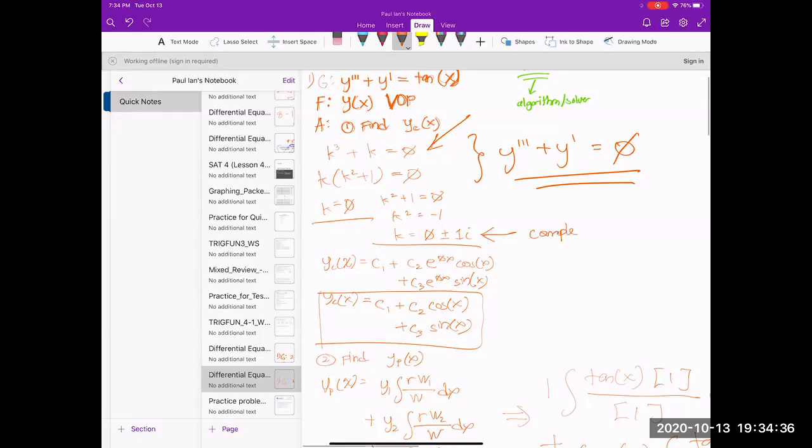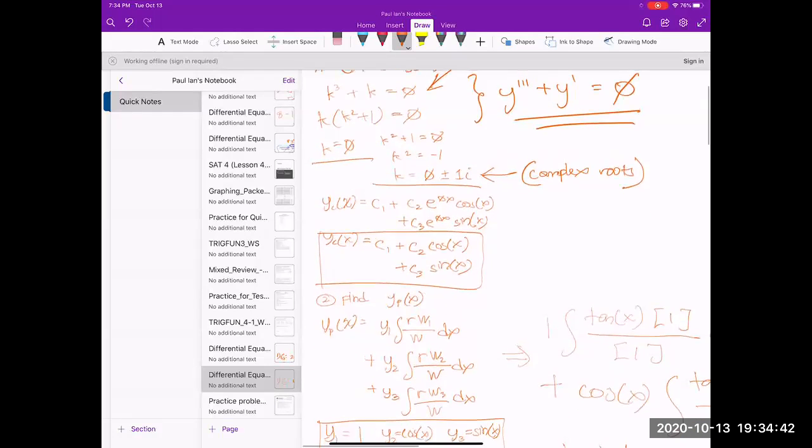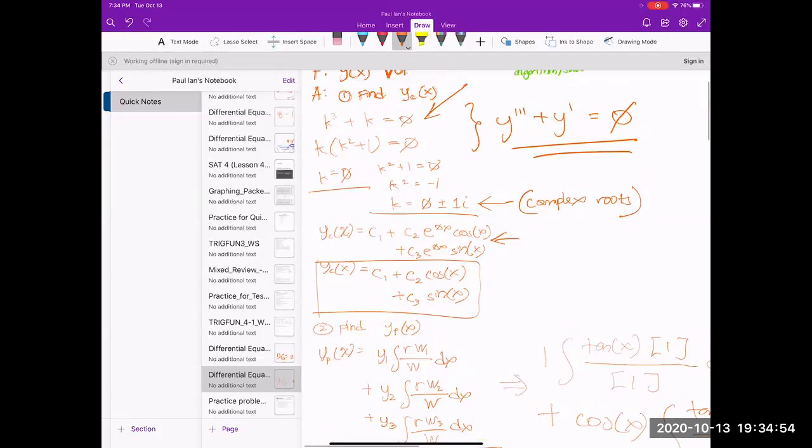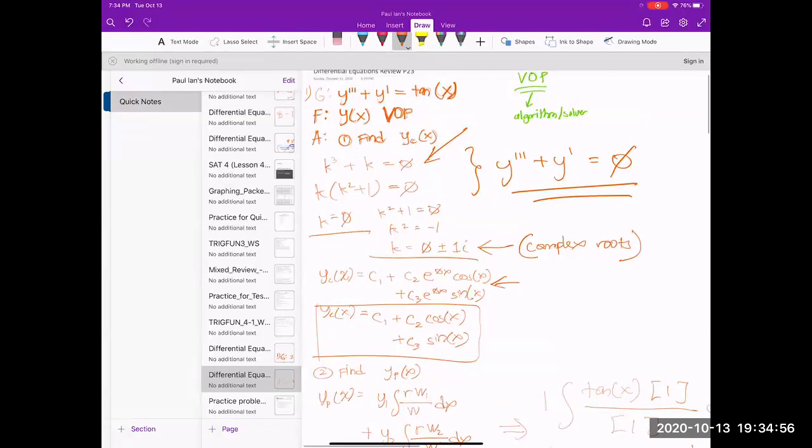For some reason, they don't like the other ones because it's easy, I guess. So they give you complex roots for the most part. And then you apply Euler's equation. Why did you just get C1 by itself? You get C1 by itself from this root. So you have k equals 0, and you also have this other pair.